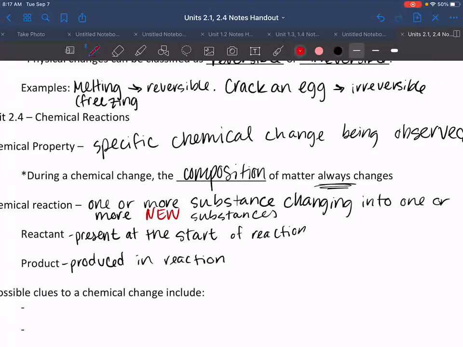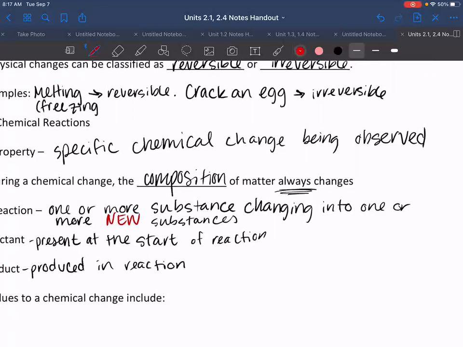So if we take hydrogen gas and oxygen gas, let's make some water. What would be our reactants, and on what side of the arrow? Sorry, this is my arrow, but I have black here.